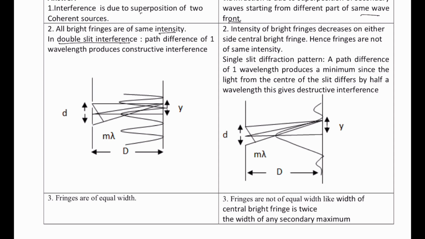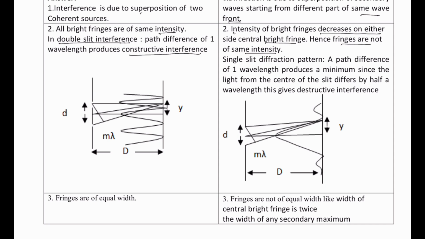In interference, a path difference of one wavelength produces constructive interference. Okay, so in the case of diffraction fringes, the intensity of bright fringes decreases on either side of the central bright fringe, hence the fringes are not of the same intensity. Okay, here intensities are same, here intensities are different.